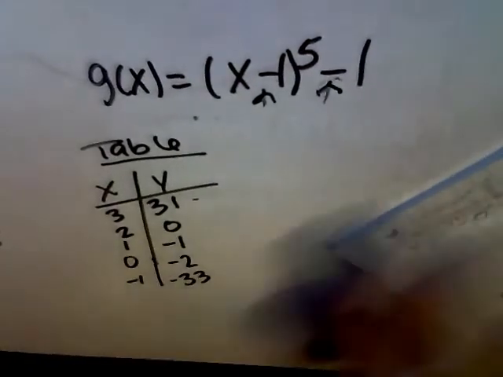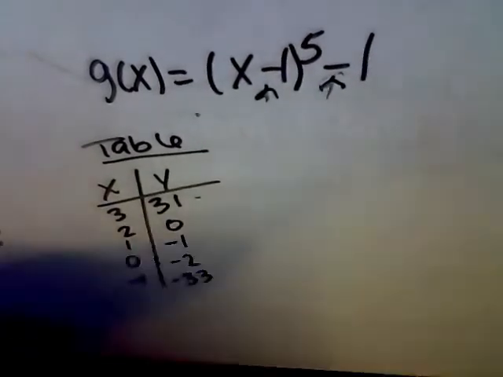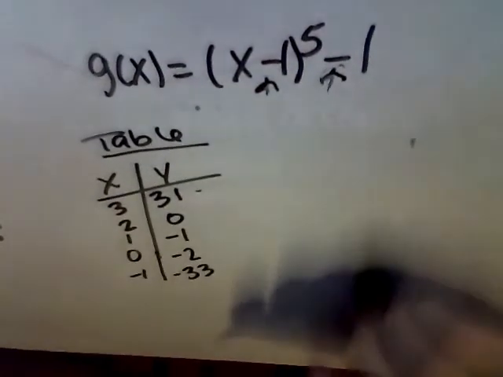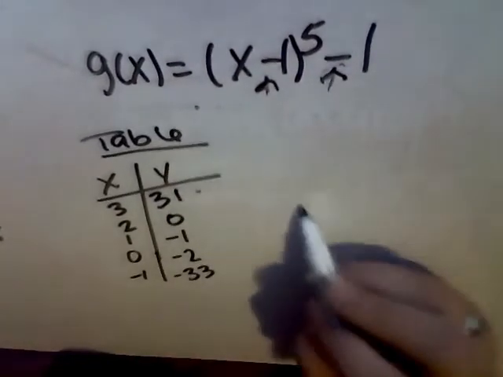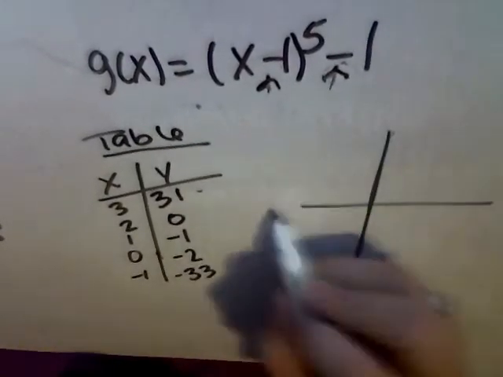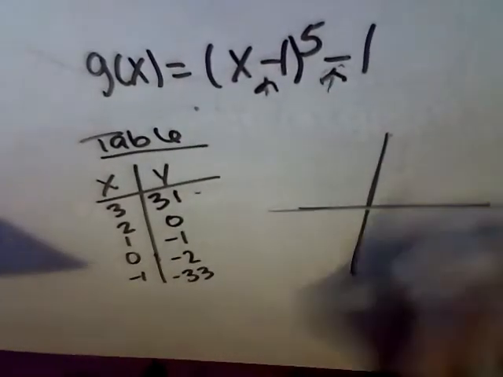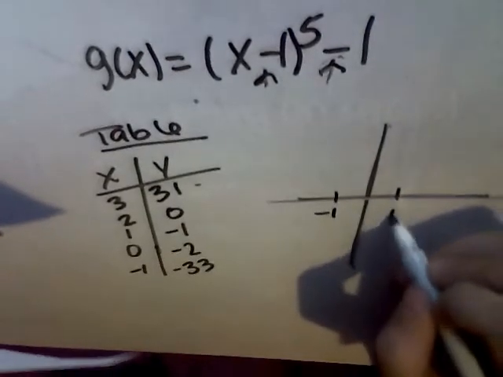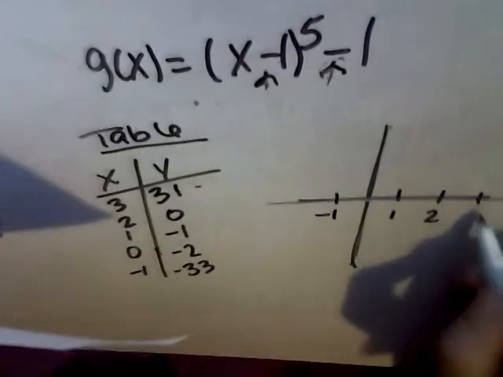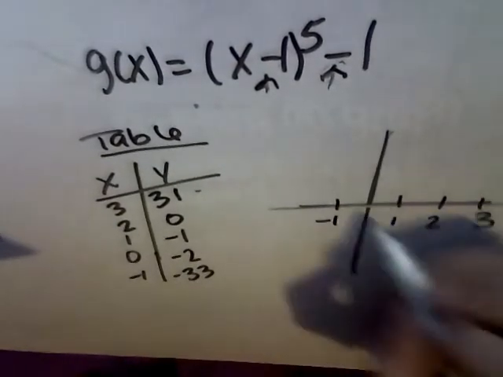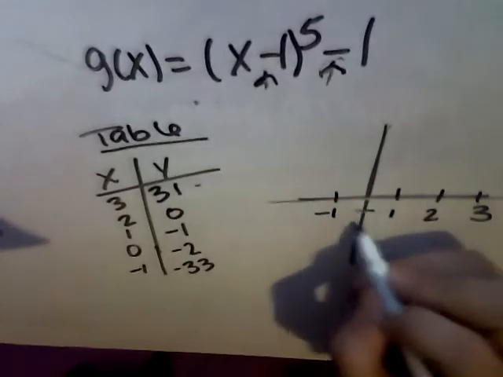Alright, so there's your table. Now let's graph it. So we have negative 1, 0, 1, 2, and 3. For 0, we have negative 2.